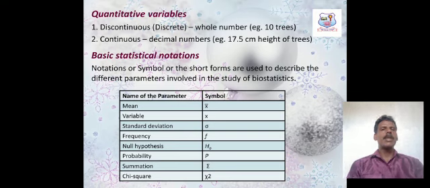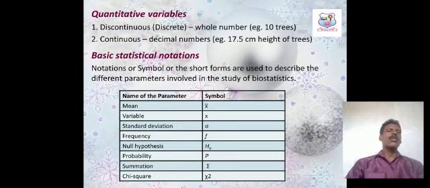The collected values that are rounded, or whole numbers, are considered discontinuous variables. But if the numbers are decimal, that is considered to be a continuous variable. For example, 17.5, the point-something values, are decimal numbers.